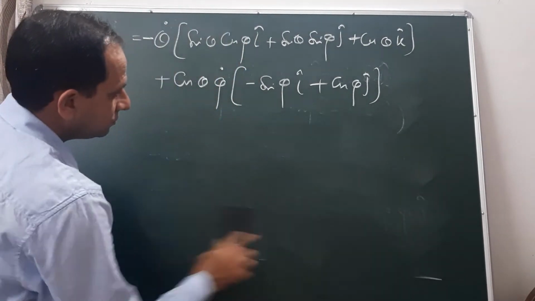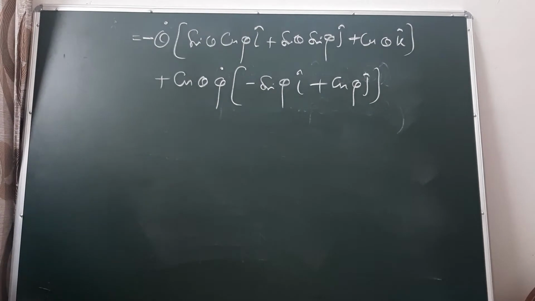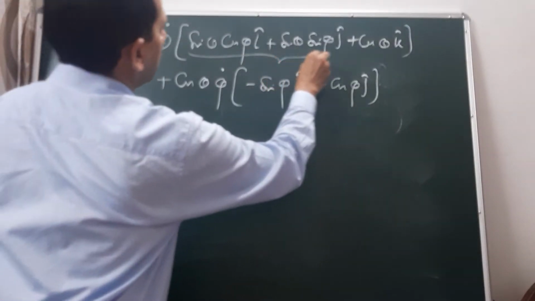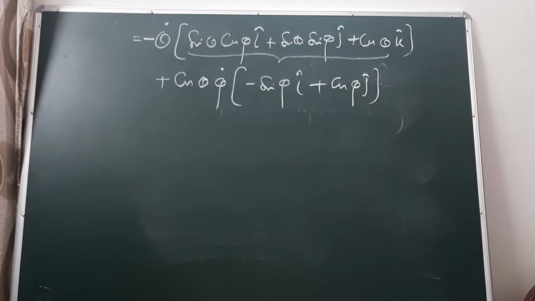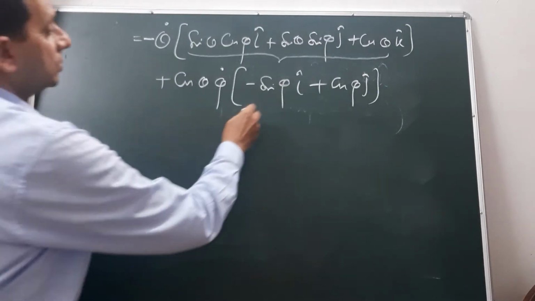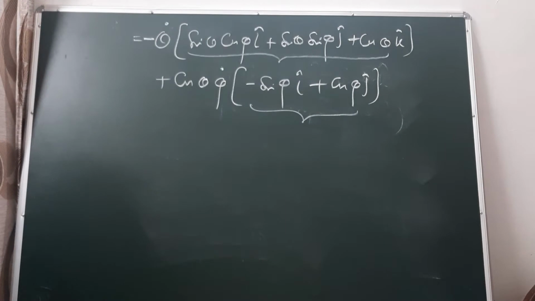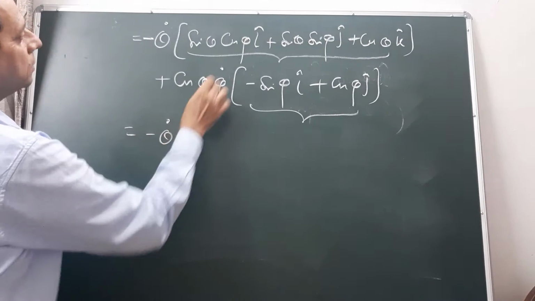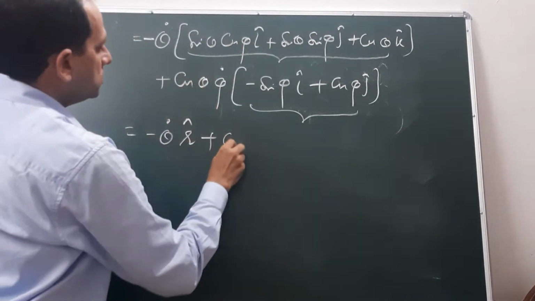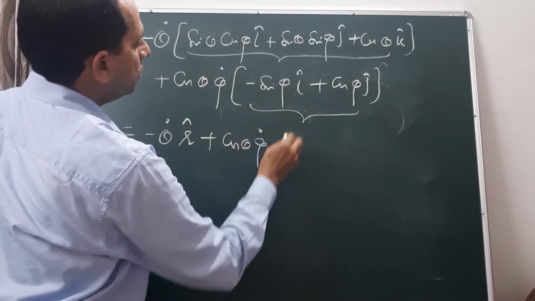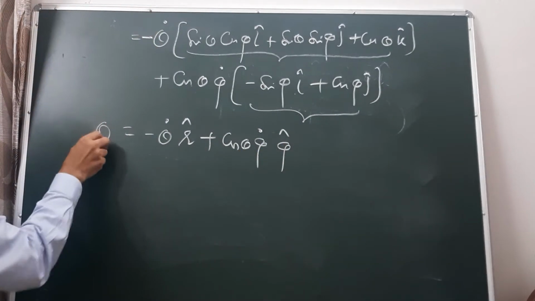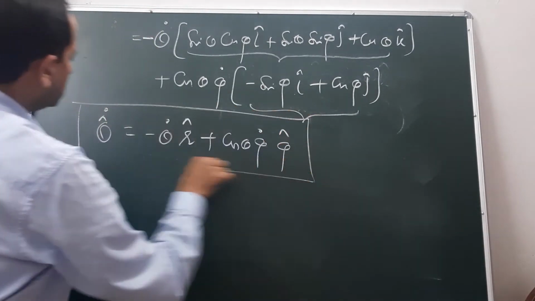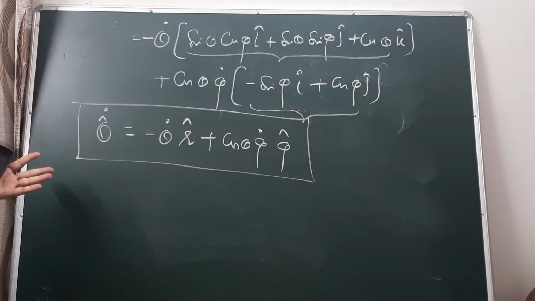Now, after that you will observe that the whole term within the first bracket is r cap, and the other term is phi cap. So, it becomes minus theta dot into r cap plus cos theta phi dot into phi cap. So, this is theta cap dot, the result which we have already used in the derivative of acceleration.